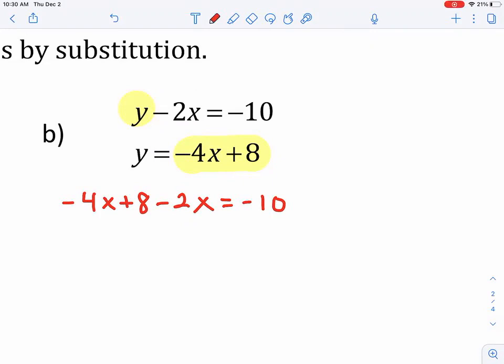And now we have to solve that for x. So these two parts are like terms on the same side. So I'm going to add those together. I get -6x plus 8 is equal to -10.